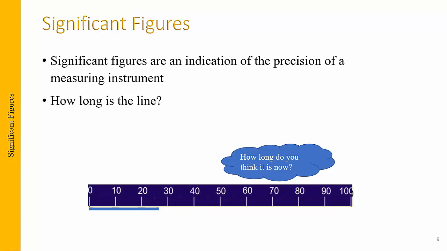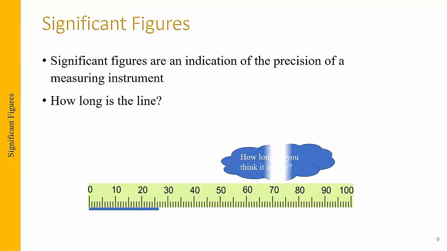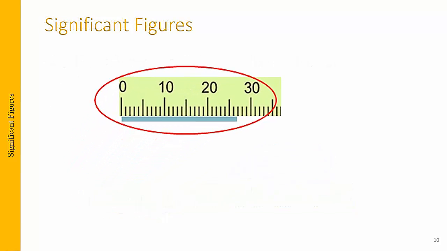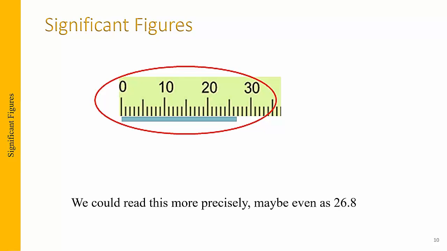We could measure this a little bit more precisely now, perhaps to 27 centimetres. And given a more precise measuring instrument, we can measure that more precisely once again, possibly even to 26.8 centimetres. We can more confidently measure that now to 26.8 centimetres.